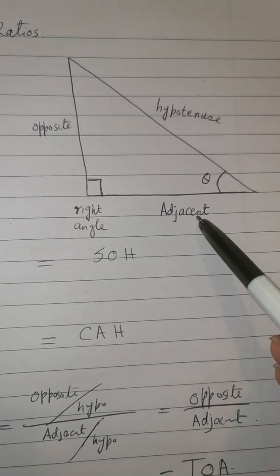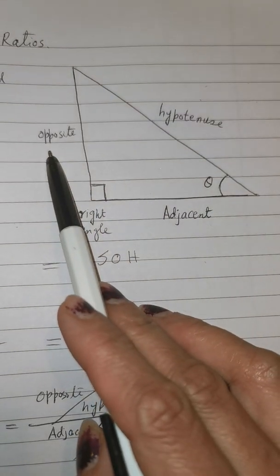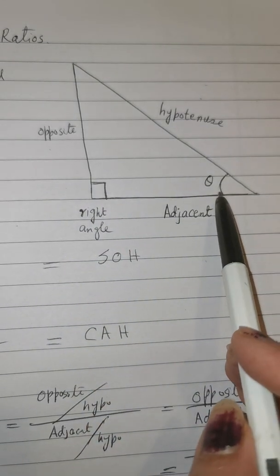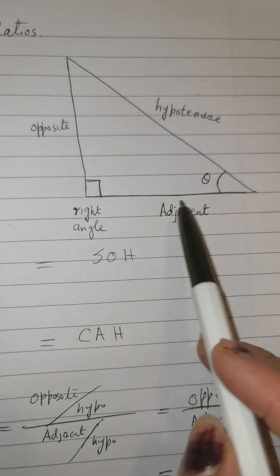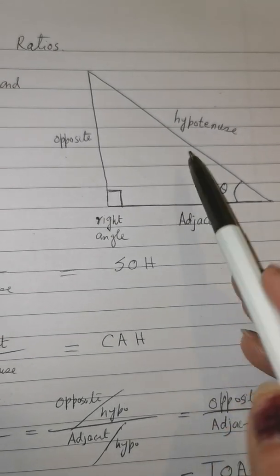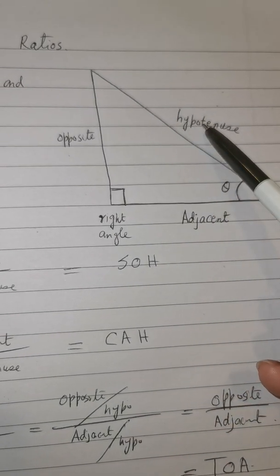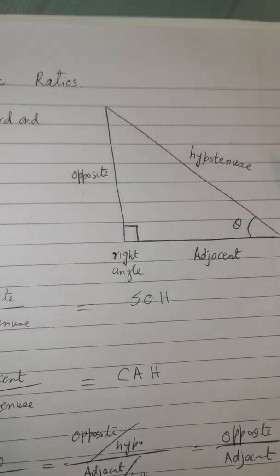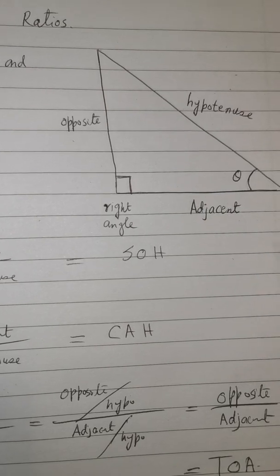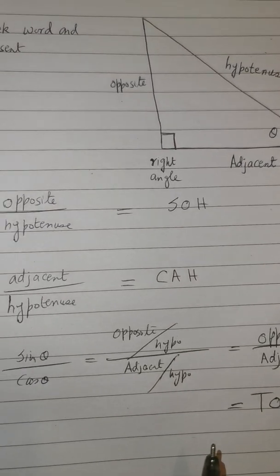So the side opposite to theta is called opposite, the side adjacent to theta is called adjacent, and the side opposite to the right angle is called hypotenuse. By using these things we will get trigonometric ratios.